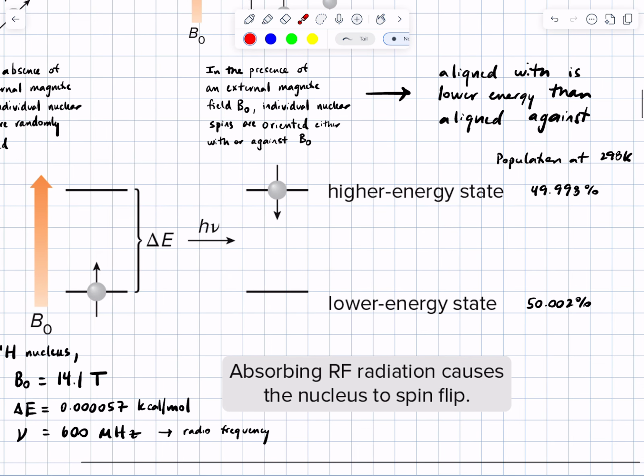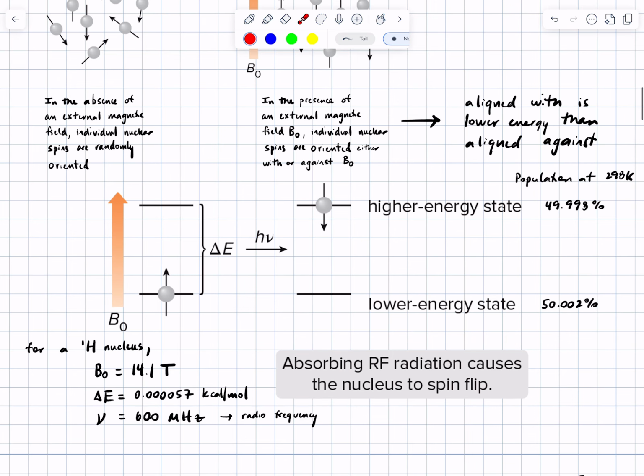And it turns out that at room temperature, because this energy difference is so small, there's actually about a 50-50 population distribution with the field versus against the field, meaning it's not really even the ground state anymore, because you've got enough energy to evenly populate both states.